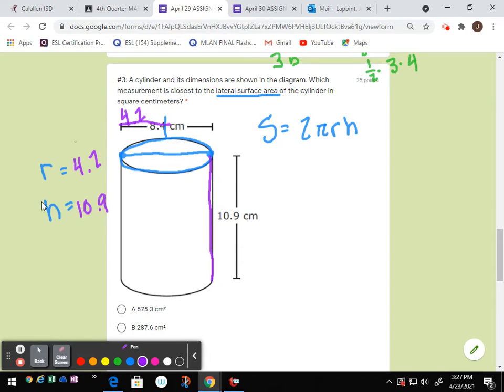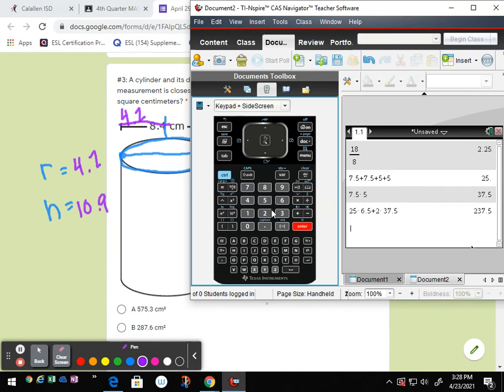So we have all of our letters, so all we do is plug it in. We drop down the 2, we drop down the pi. Our radius is 4.2, and our height is 10.9. Plug it into the calculator: 2 times pi times 4.2 times 10.9.